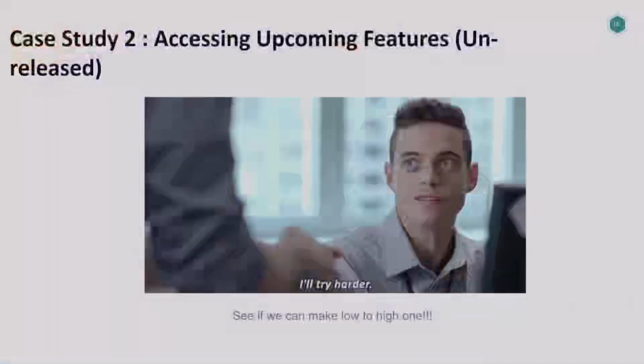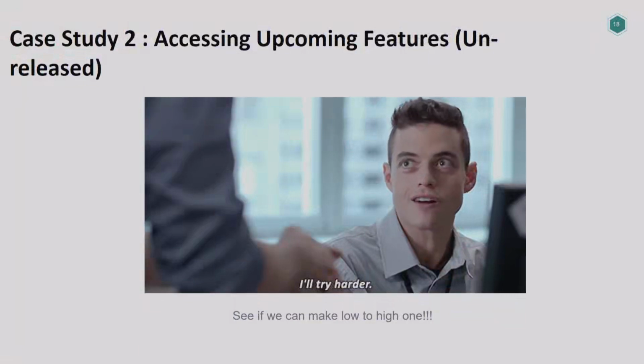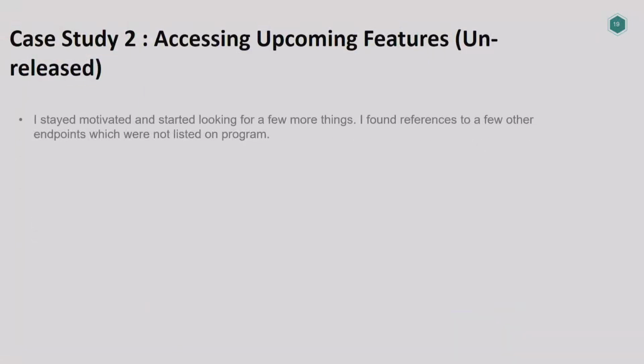I kept it with myself and started looking more, to see if I could convert this issue into something of higher severity, or make it have more impact. So I stayed motivated and started looking for more things. I found references to a few endpoints which were not listed in the program.